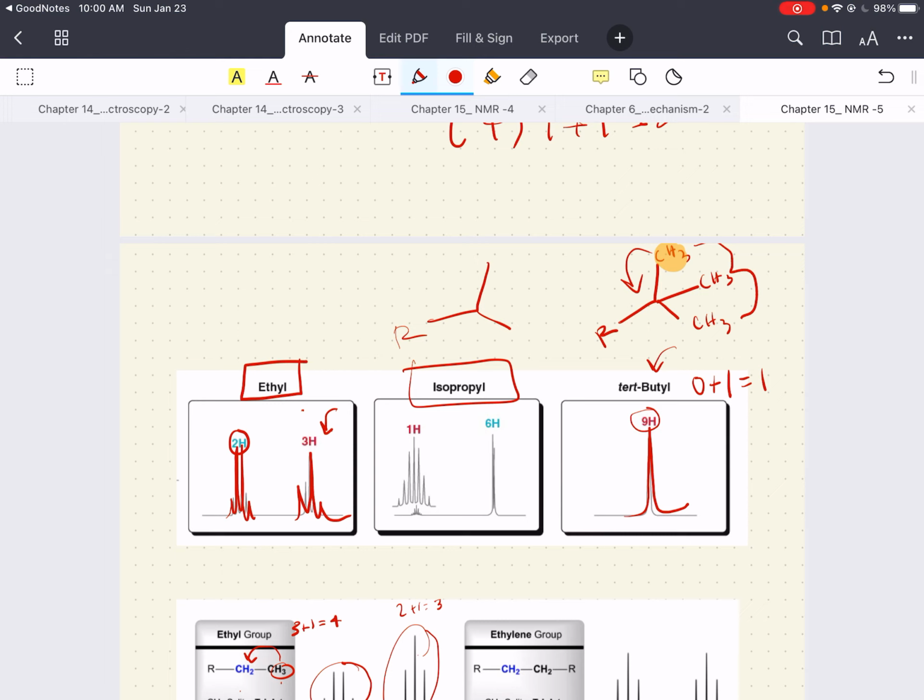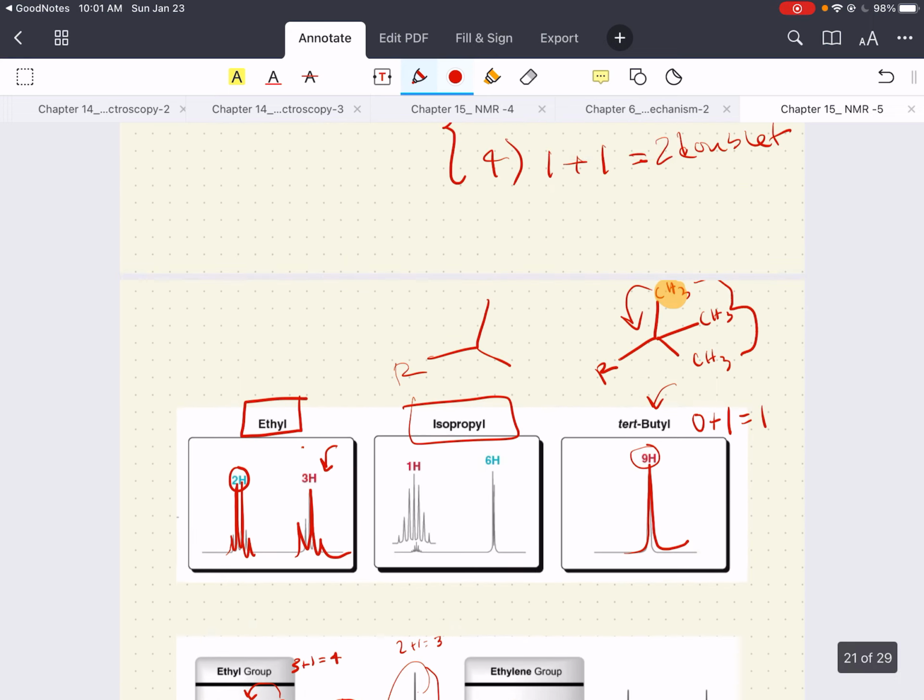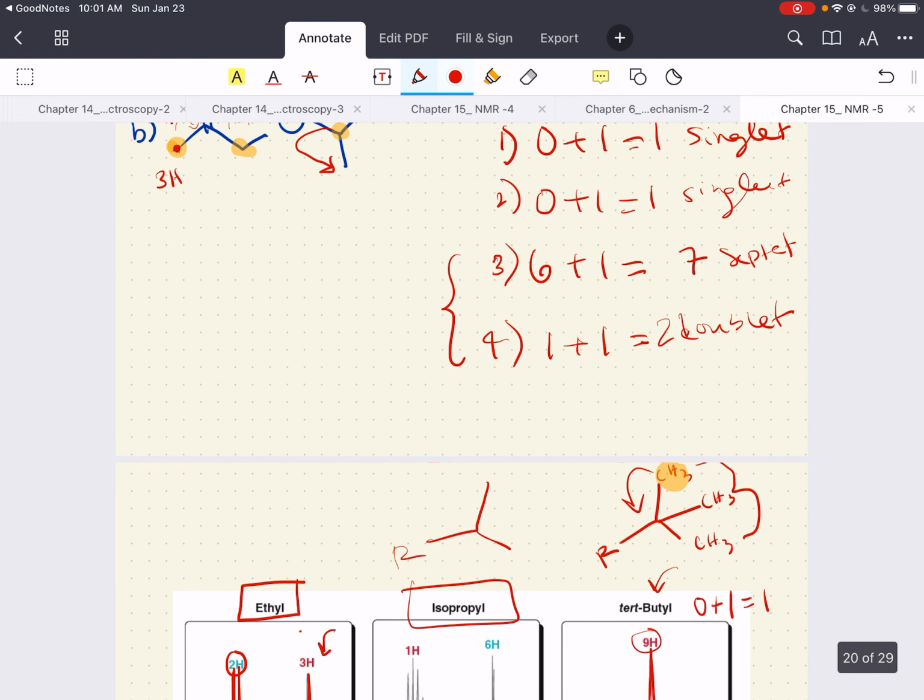These are patterns you really want to keep in mind, because you're going to see a lot of these signatures in your NMR when you're trying to predict molecular structures from NMR. There's one more thing that's not on this page that I just want to cover.